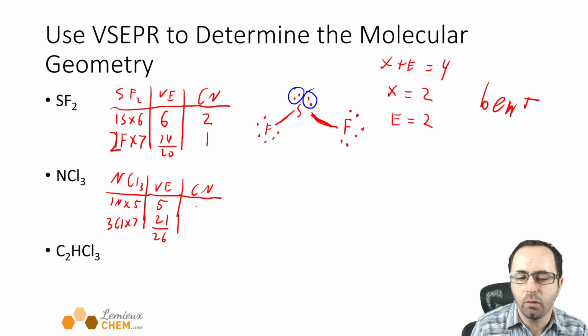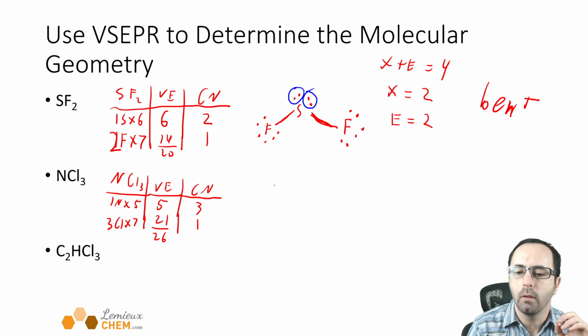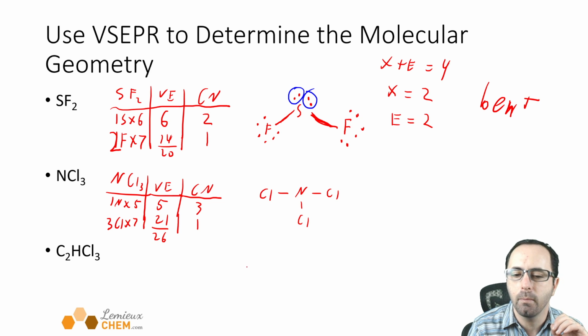Since a nitrogen starts with 5 valence electrons, it needs 3 more to have 8, so its covalence number is 3. Since each chlorine starts with 7 valence electrons, they need 1 more to have 8, covalence number is 1. So when we draw the skeleton, the nitrogen's going to go in the middle, and the chlorines are going to go around it. So that's step 3, we drew a skeleton.